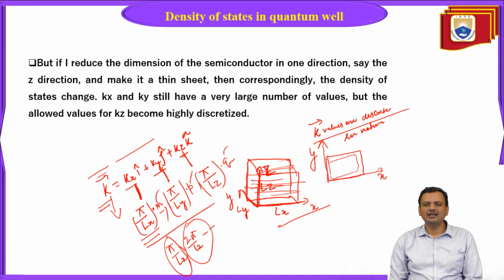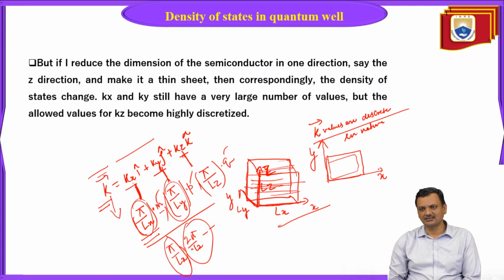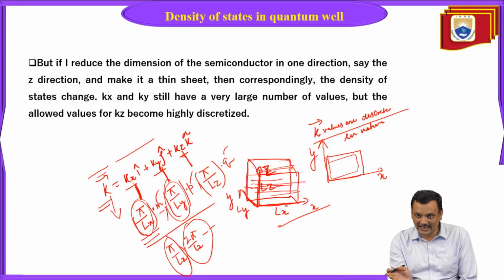So what happened? These kx, ky will have the same values, like pi upon lx, pi upon ly. But in the z direction, you can't say z is 0. It will be infinitesimally small. Lx is the length of the crystal structure in the x direction.